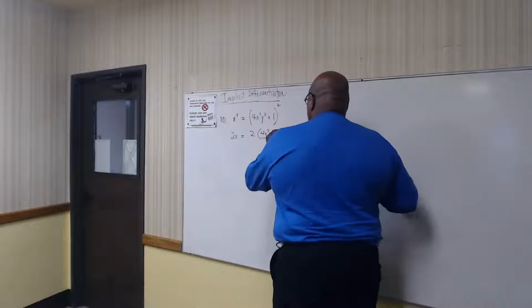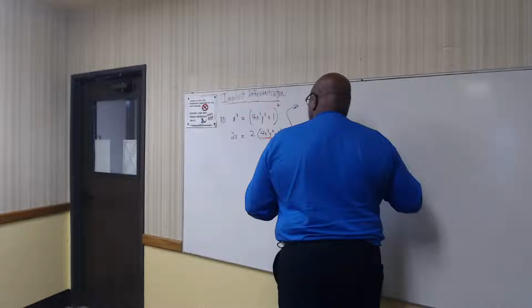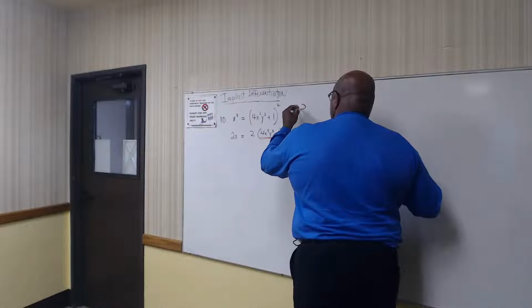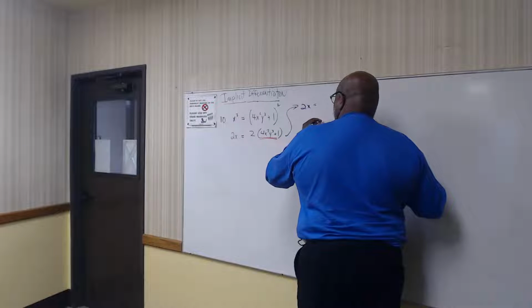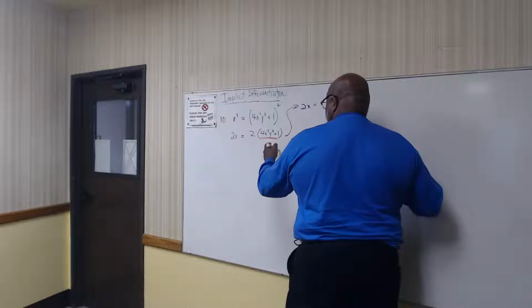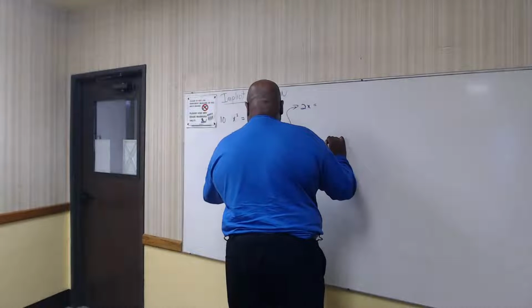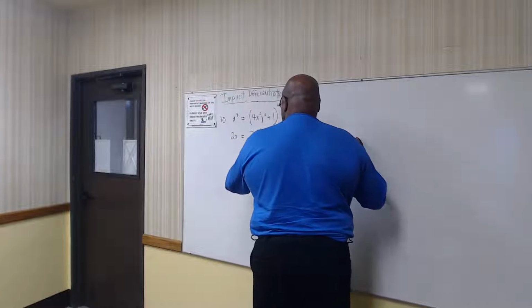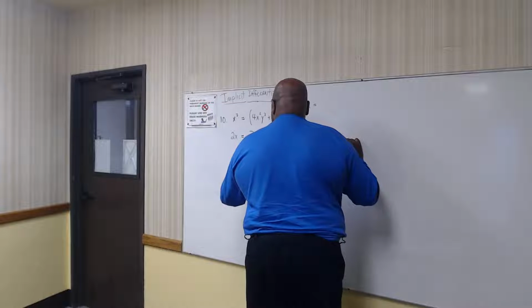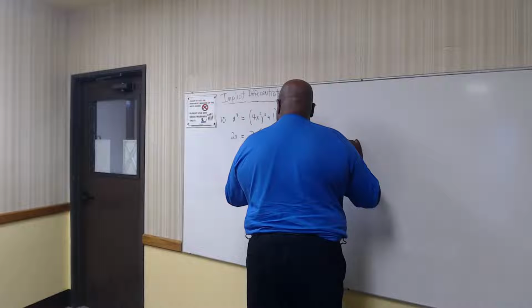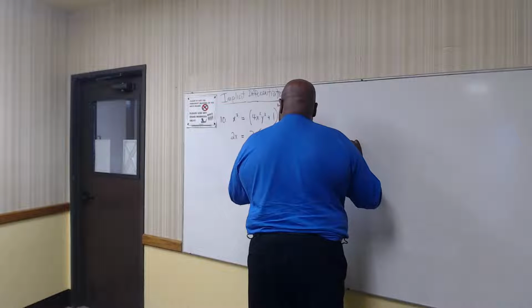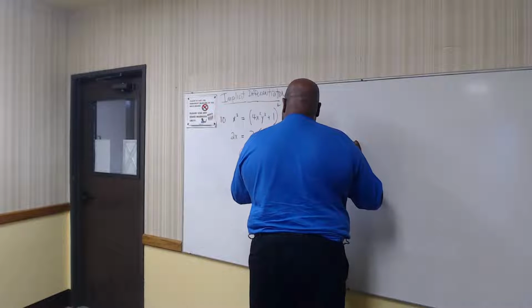So, let's do it. 2x is equal to, in fact, you know what I want to do? I'm just going to take this and focus on this right here, okay? The derivative of the first times the second plus the first times the derivative of the second. 3y squared y prime.